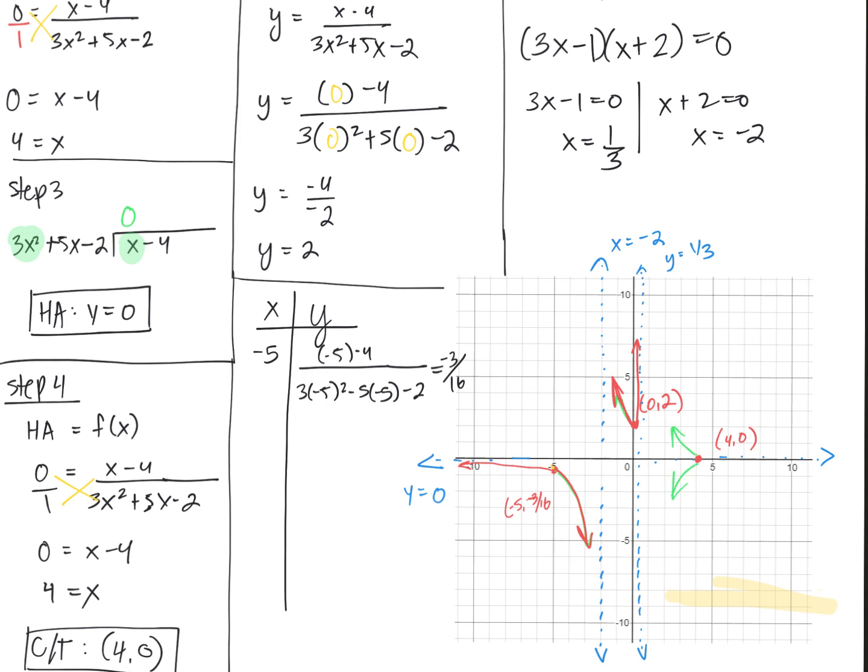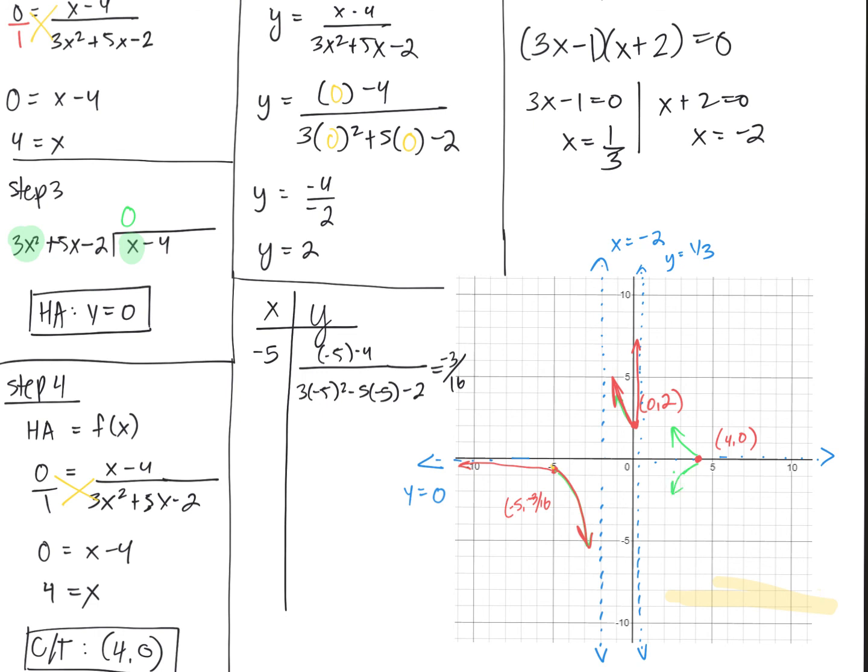But I don't know which one it is. Okay, that means we're going to have to use a table of values here. So for the table of values, we need to pick something to the right of 1/3. So let's go ahead and pick 2. That's a nice small number, pretty simple to work with.